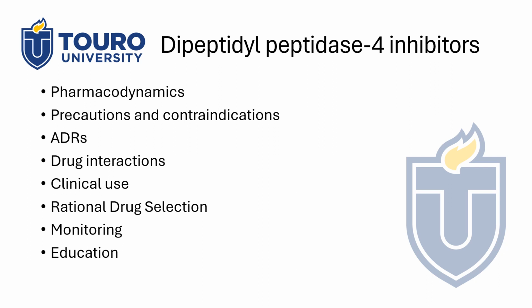Okay. So precautions for patients with these medications are pancreatitis, heart failure, renal failure, hypoglycemia with concomitant use with insulin, hypersensitivity reactions, severe and disabling arthralgia, and bullous pemphigoid. So those are things that we would definitely monitor.